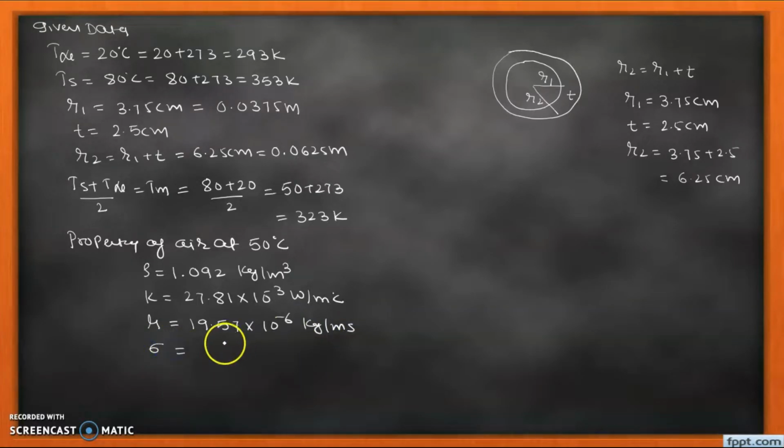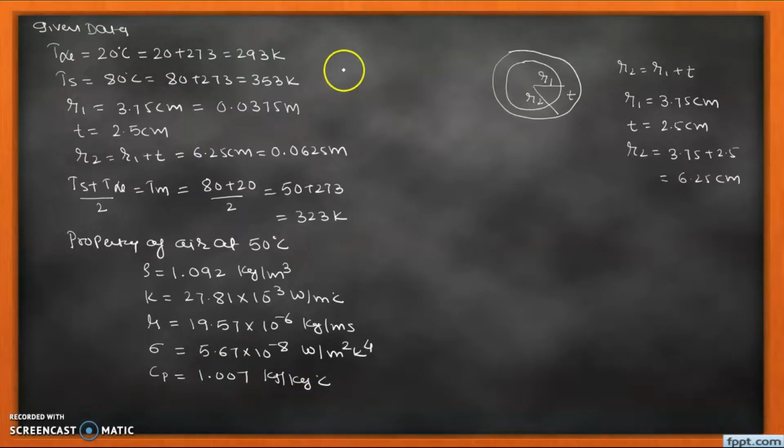The value of sigma, the Stefan Boltzmann constant, is 5.67 into 10 to the power minus 8 watt per meter square Kelvin to the power 4. The value of Cp of air is given as 1.007, though generally we take 1.005, and the unit is kilojoule per kg Kelvin. The length of the pipe is 6 meter and the emissivity is 0.9.